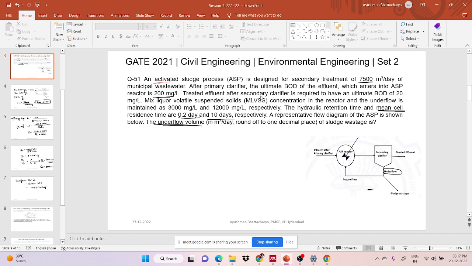The treated effluent after secondary clarifier is required to have an ultimate BOD of 20 milligram per liter. The mixed liquor suspended solid concentration in the reactor and the underflow is maintained as 3000 milligram per liter and 12,000 milligram per liter respectively. The hydraulic retention time and mean retention time they have also mentioned. Now they are asking the underflow volume of the sludge wastage.